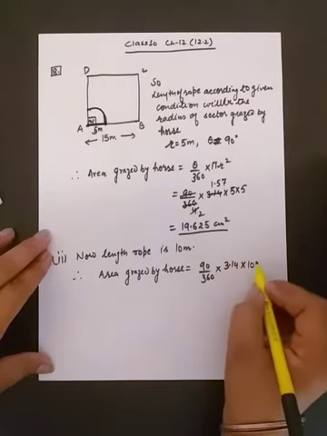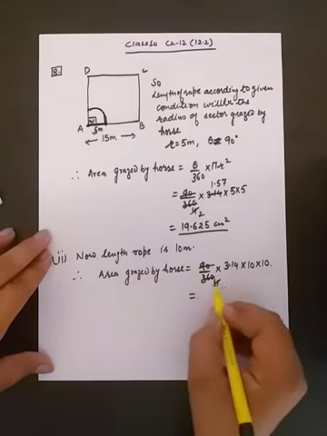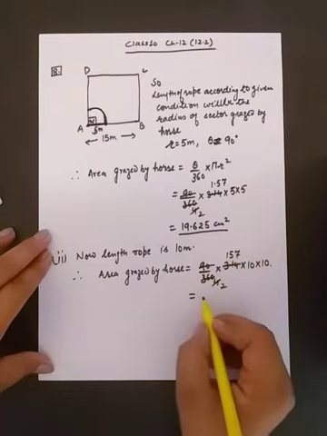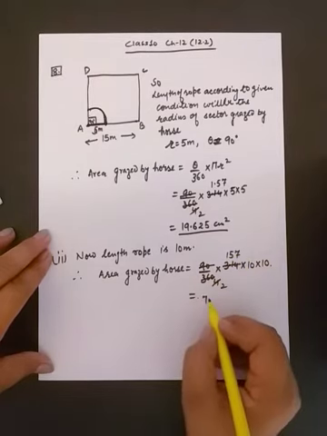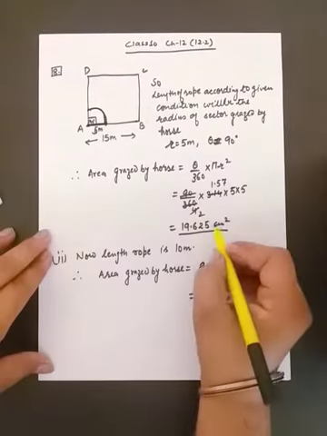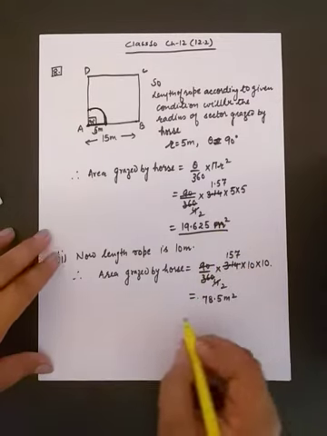Now r is 10. So it will be 78.5 meter square. Sorry, here unit is in meter, so the area will be in meter square.